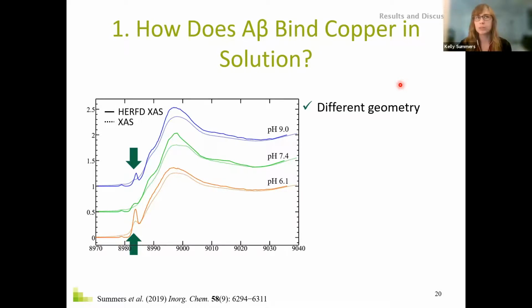Unfortunately, with our data, we can't really tell where those other oxygen and nitrogen ligands are coming from. Based on our data alone, it's possible that it could be from water. Based on some of the other literature data, I think the general agreement is that all the ligands are coming from the peptide rather than from water.